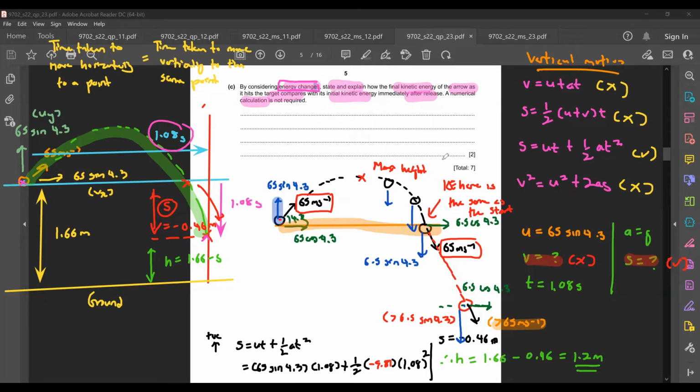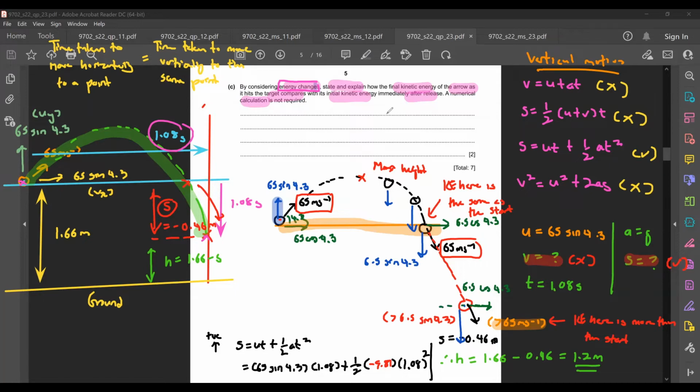So you would therefore have drawn the conclusion that the KE here is more than at the start. But the question doesn't want you to explain it in that way.